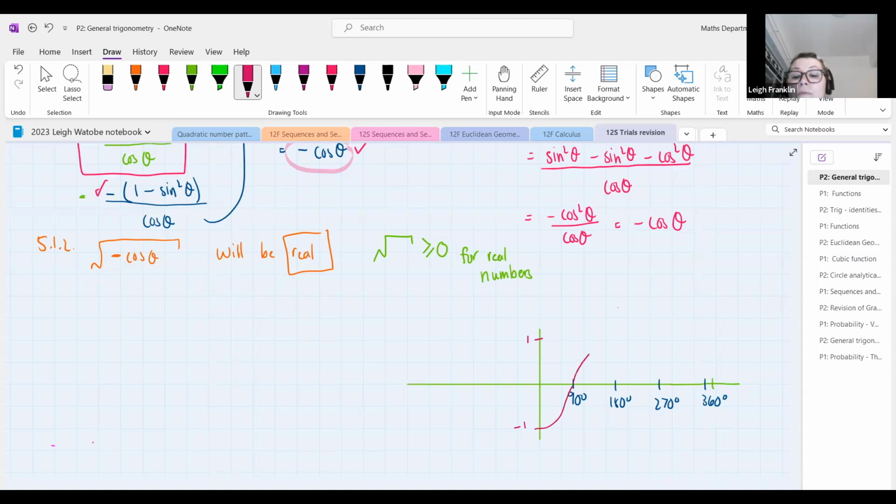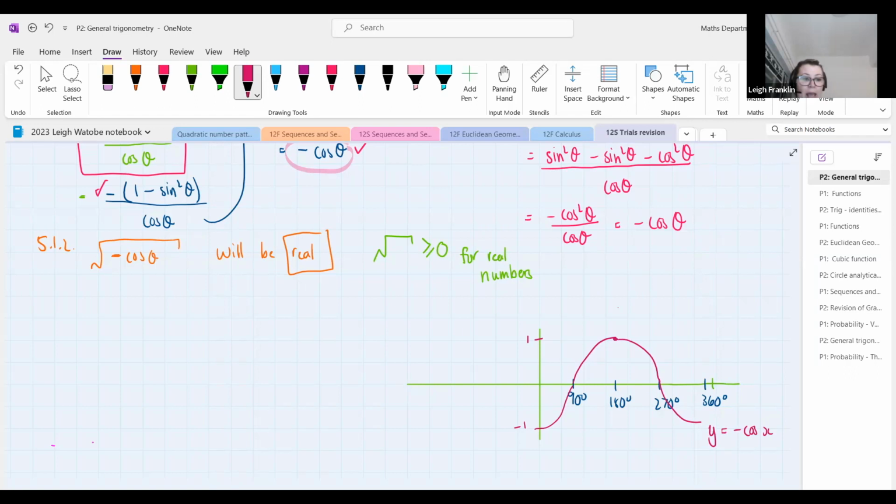It will have a maximum at 180, another x-intercept at 270, and then it'll be back down to its minimum of -1 at 360. Is everybody happy with that? So that is the graph of y equals minus cos x.